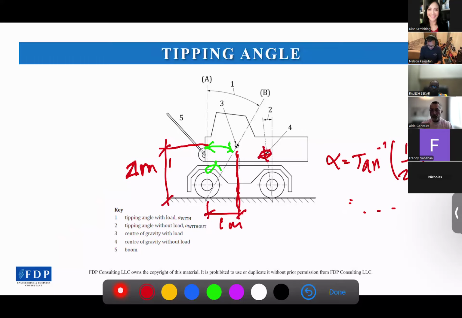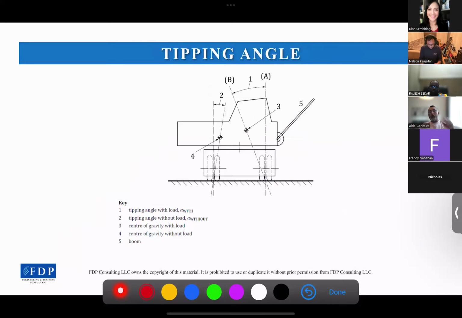Then we will measure the tipping angle to the rear tipping point here, like that. So that's for the longitudinal section. And so on with the transversal section. We will measure the tipping angle according to where the COG is located and which tipping point is closest to the COG.